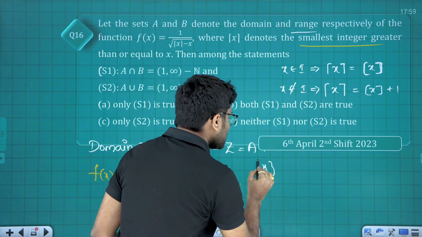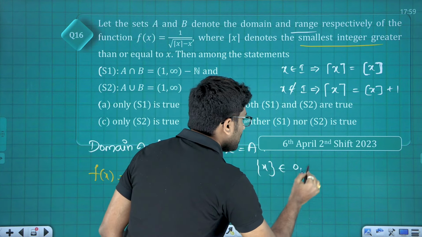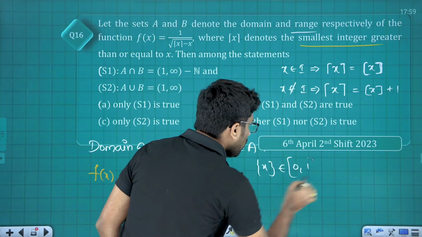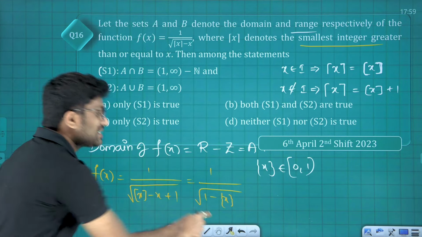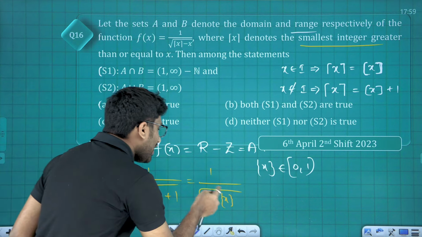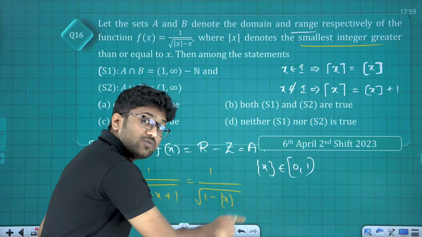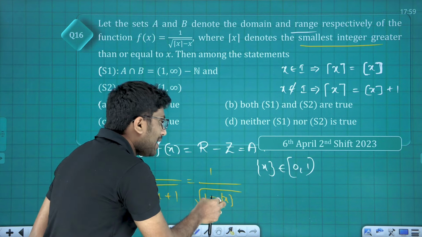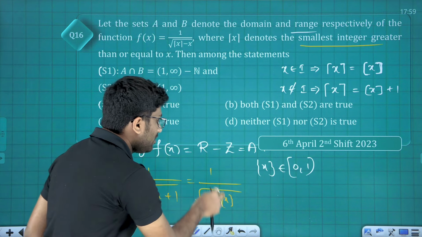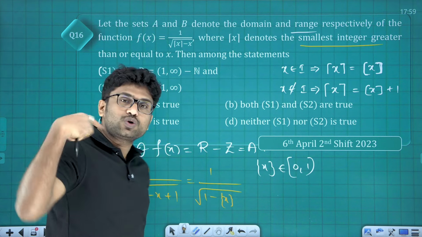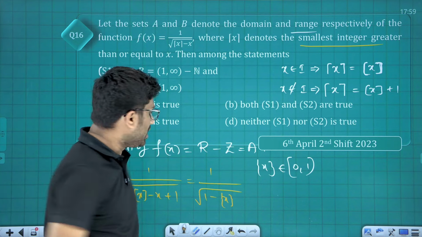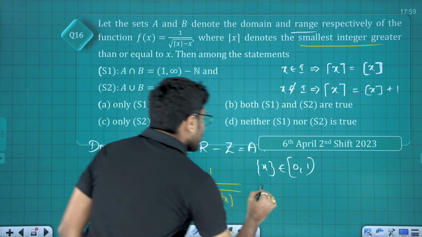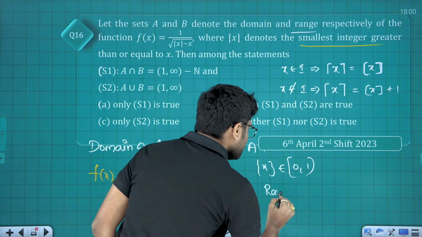We know the fractional part of x will always lie between closed 0 and open 1. 1 minus something, for sure this value will be less than 1. So 1 divided by less than 1 will for sure be greater than or equal to 1.